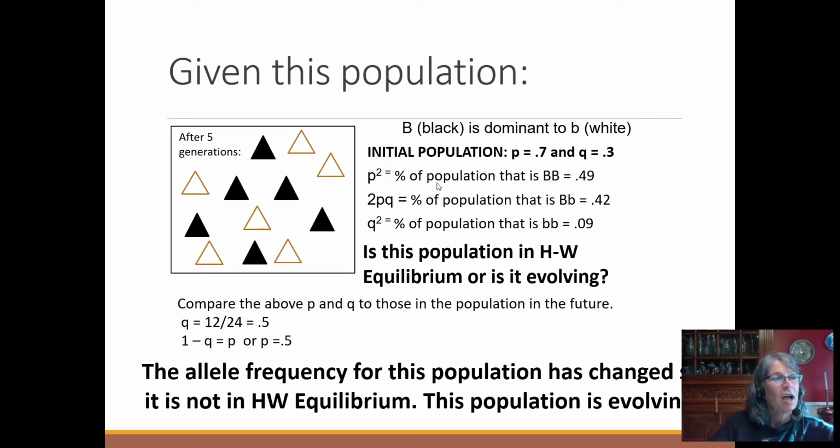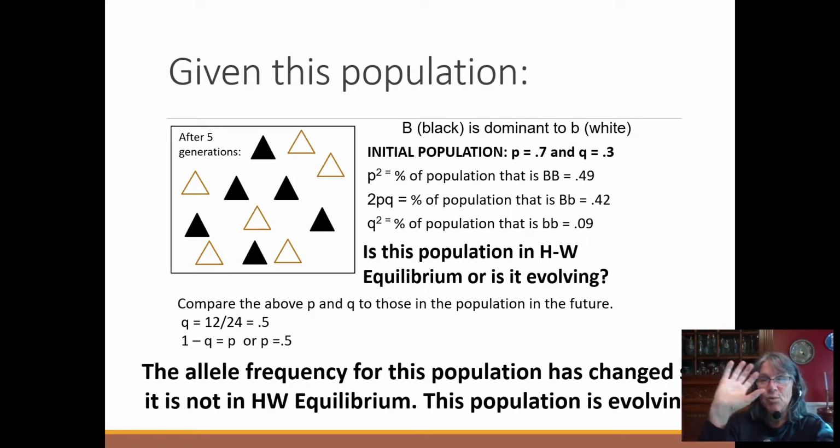And again, my number of individuals, my p squared, my 2pq, and my q squared can change, and it doesn't necessarily mean that my p and q are changing. So if I start with a completely homozygote dominant and completely homozygote recessive population and allow random mating over time, they're going to be heterozygotes.